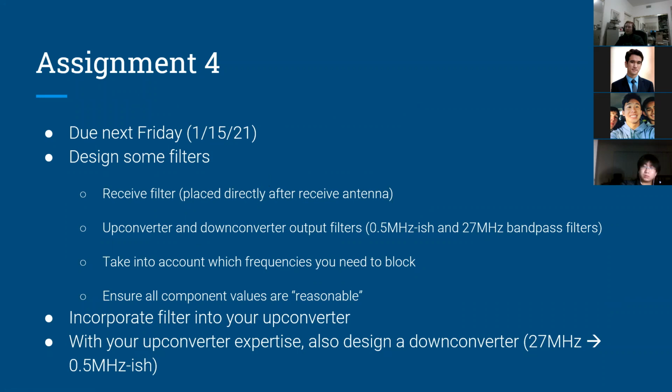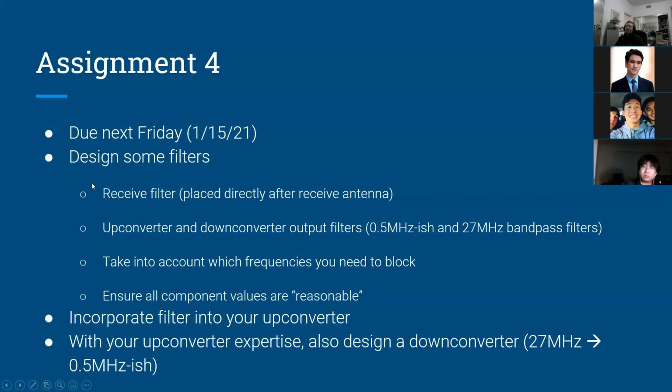So hopefully all of that filter stuff made some sense. With that, we'll have our next assignment due next week, Friday. I don't think it'll take that long because the filter design itself is kind of straightforward since you're using a calculator. What you'll be doing is designing some filters.